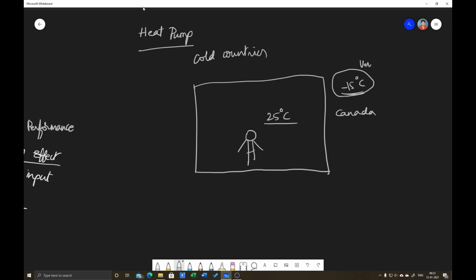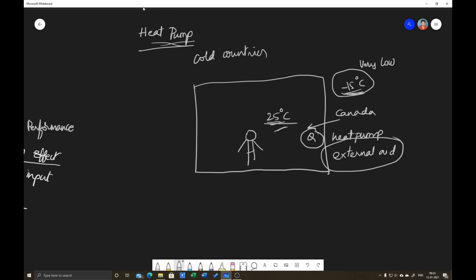Here the outside temperature is very low, whereas we have to survive at this temperature. So that is why the heat pump comes into the picture. What a heat pump does is, it pumps heat from the atmosphere to inside. But we say heat cannot flow from a lower temperature body to a higher temperature body. We are making it happen by using a heat pump, by using external aid, which we can do according to the Clausius statement.